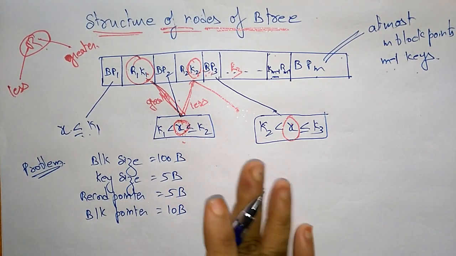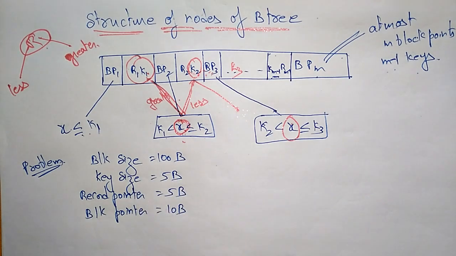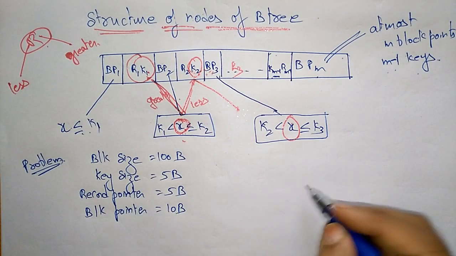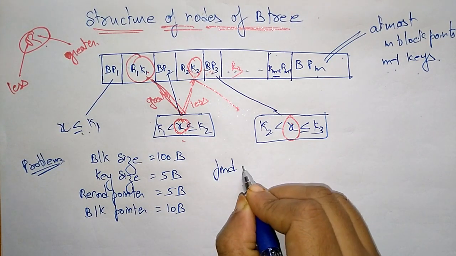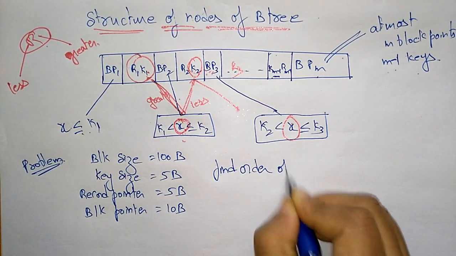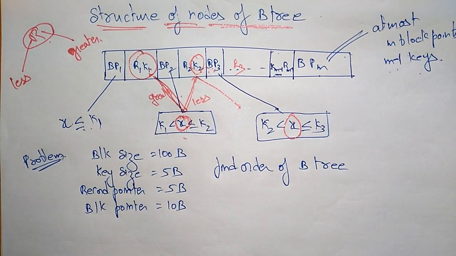So they have given some values regarding the size of the block, the key and the pointers. Now I have to find the order of the B tree. With the help of these values, I have to find the order of the B tree.